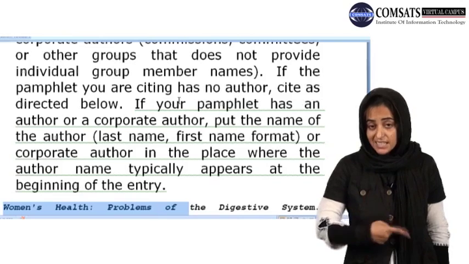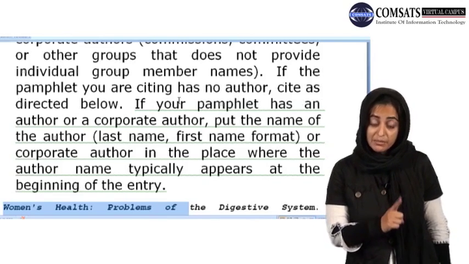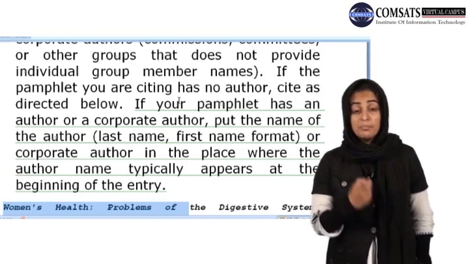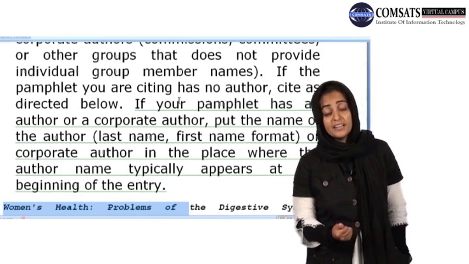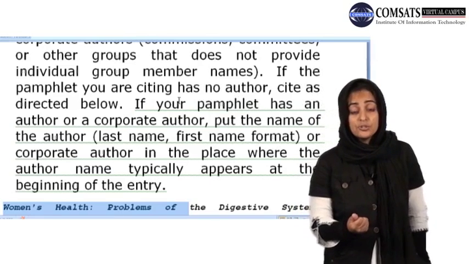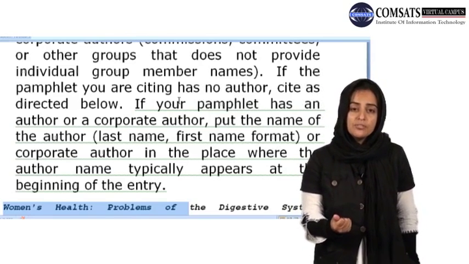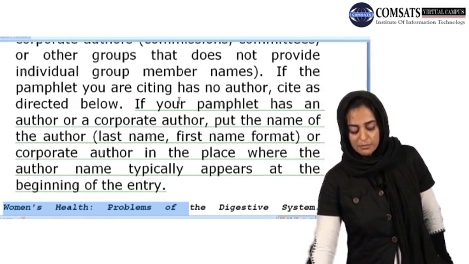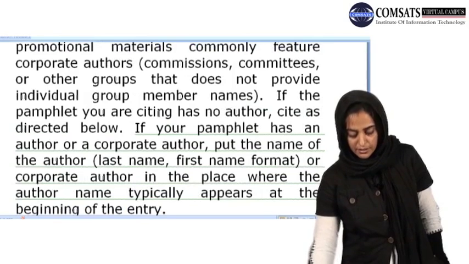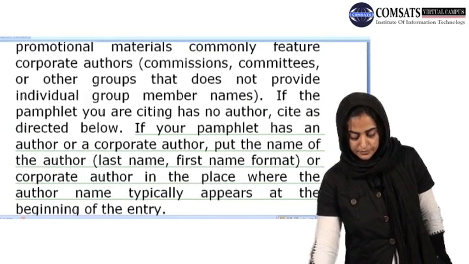I think I mistakenly communicated to you that you will be beginning up with the name of the commission. No, you will be beginning up with the title of the pamphlet, and after that you will be mentioning the name of the particular committee or the group of people that would serve the purpose of the corporate author or the commission.